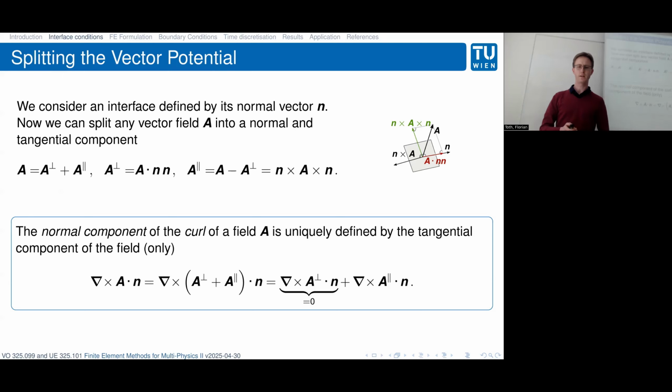You split the A into A normal and A parallel. And what you then see is that the curl of A normal in the normal vector is always zero. This is the definition of the curl. It has to be orthogonal to the original component. So if you take the curl of the normal component, it's orthogonal to the normal component, so the inner product must be zero.